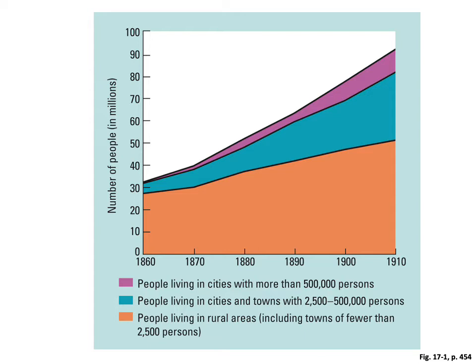And then finally, the very upper band, purplish color, is people living in cities with more than 500,000 people. This would be places like New York City, etc. So in general, a shift from farms and small towns to the cities. And as we'll see in subsequent lectures, this obviously is going to have an impact on national politics.